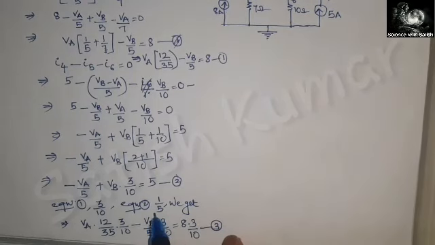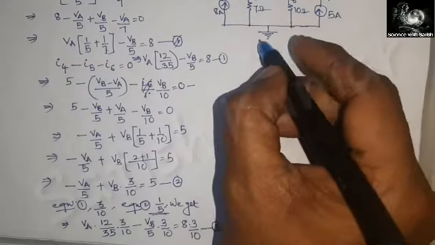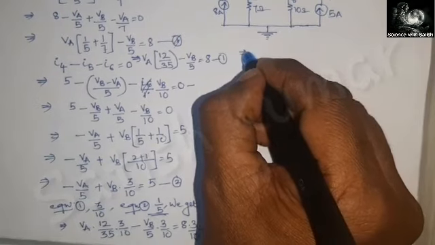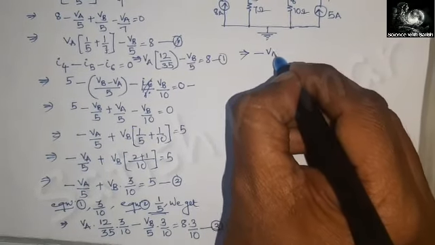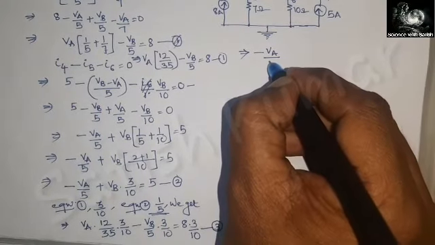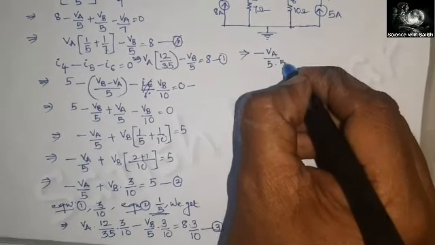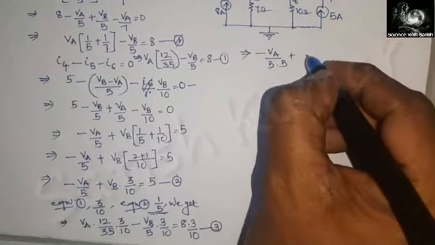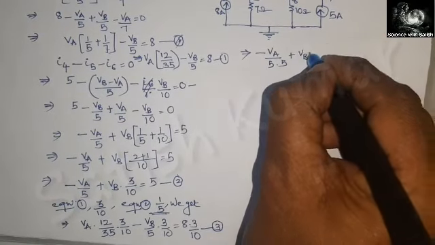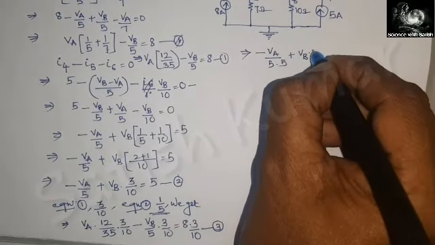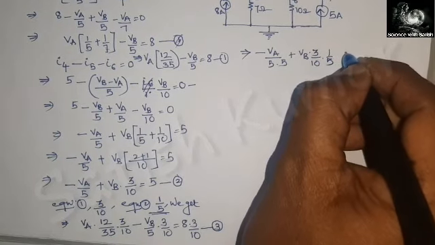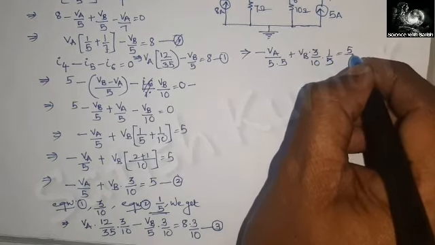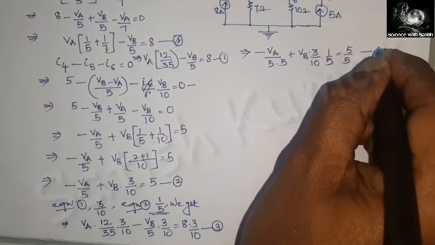Now, equation 2 should be multiplied with 1 by 5. So, equation 4 becomes minus VA by 5 into 5 plus VB into 3 by 10 into 1 by 5 is equal to 5 by 5. This is equation 4.